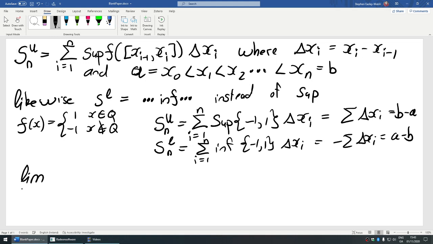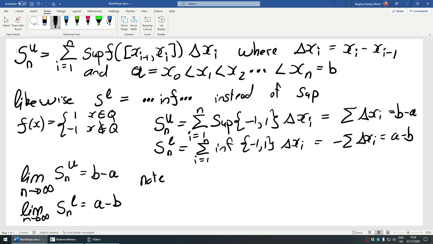The limit as n goes to infinity of S_n upper is independent of n, so it'll just equal b minus a. The limit as n goes to infinity of the lower sum will equal a minus b.